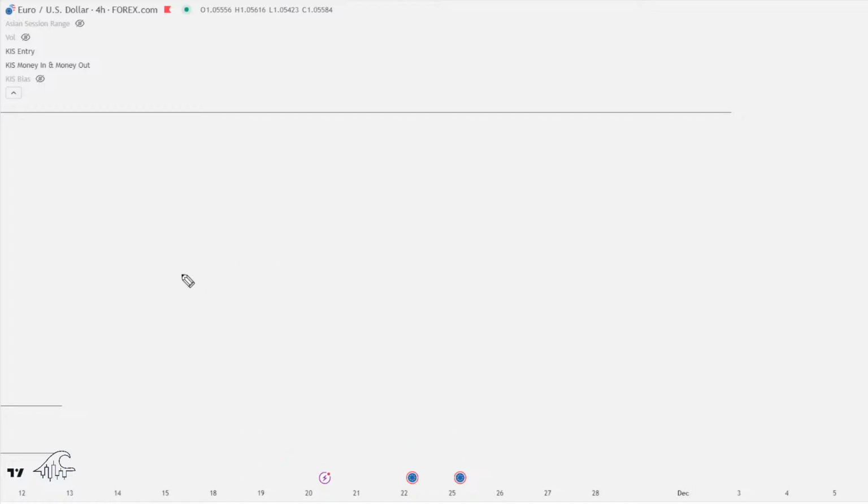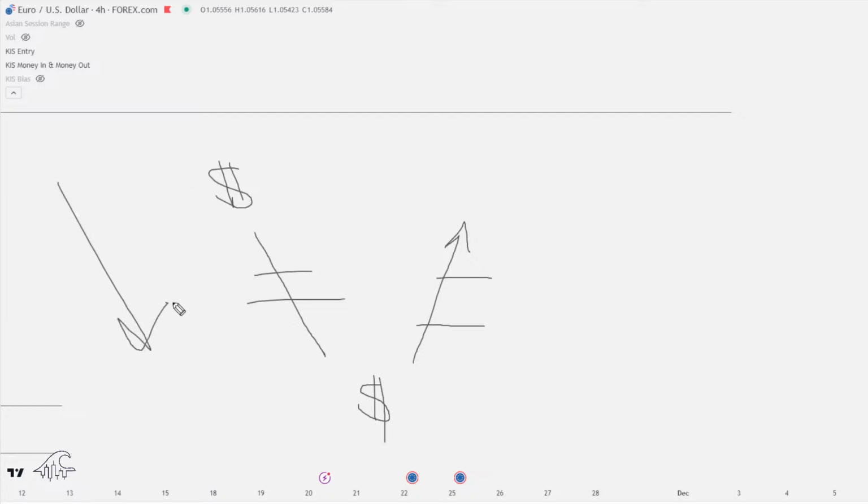The principle of the Keep It Simple series is following the money in, money out. When money comes in, we know that we create a space. Then money comes out, for example, and we create another space. So we know there's liquidity here. Let's say our bias is down. We want to pick up on the money out movement after X, for example X being a high being ran.